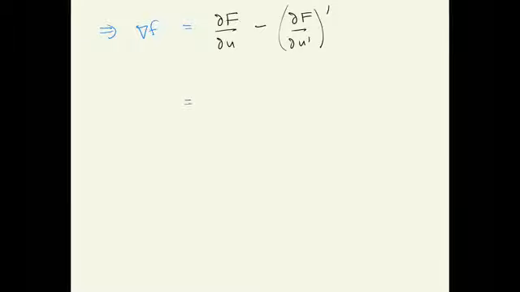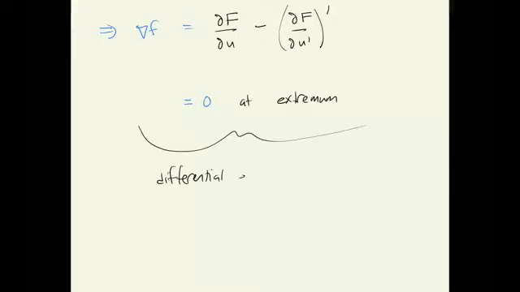And we set this equal to 0 at an extremum, at a minimum or maximum. This is some differential equation. It's an equation in u. And it's actually second order.